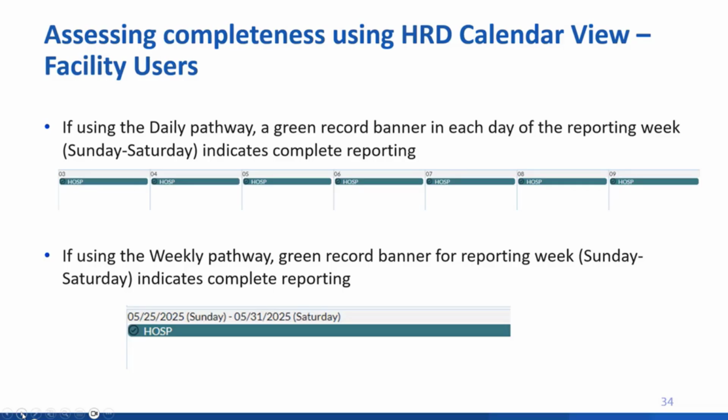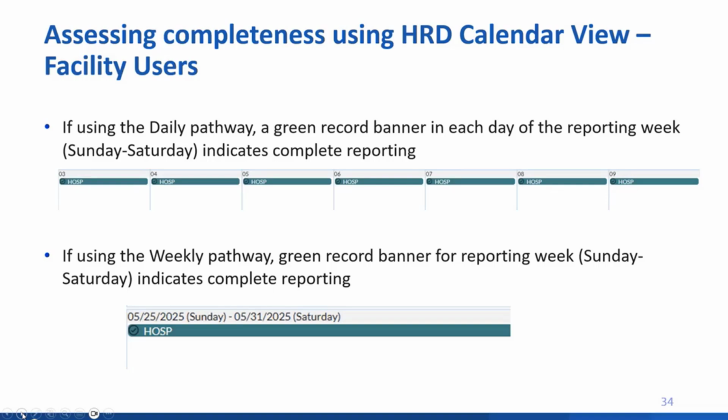So if you are using the daily pathway, when you look at your calendar view, in order to have a complete week of reporting, you're going to want to see this green record indicator in all 7 days, Sunday through Saturday of the reporting week. If you are using the weekly pathway, you're going to see a green record indicator for the reporting week, Sunday through Saturday, and that's going to encompass the entirety of the week.